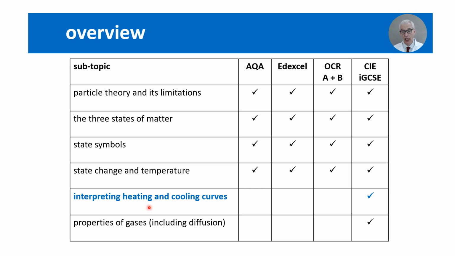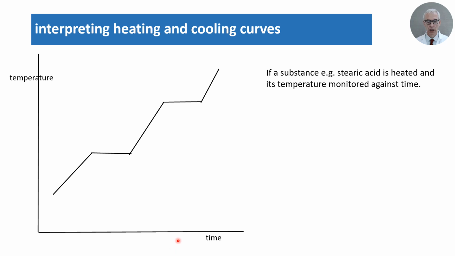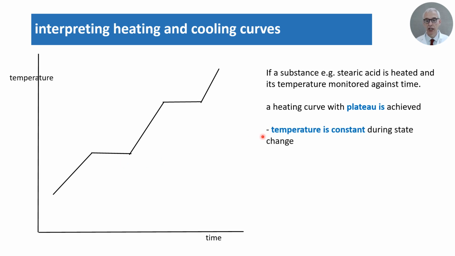Interpreting heating and cooling curves. Stearic acid is mentioned in the specification. If we heat it up and monitor its temperature against time, we find that there are plateaux in that heating curve. That is, the temperature remains constant although the substance is being heated, and we equate that to a state change.